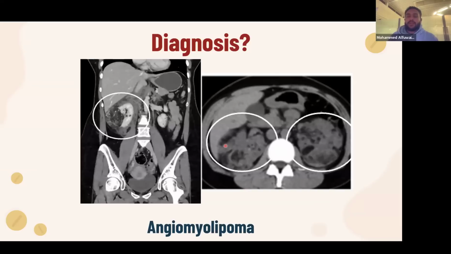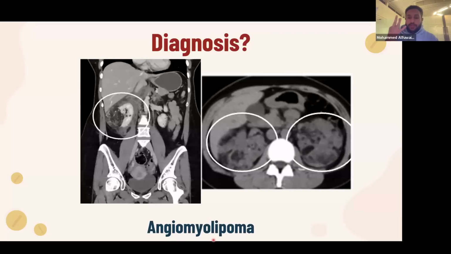But tuberous sclerosis itself has a lot of skin lesions. Usually it's skin lesions on the face. There's a lot of lesions in the back as well. On the face, it's called angiofibromas. In the back, it's called ash leaf spots and whatnot. Also, commonly, they have heart tumors as well and hamartomas everywhere.